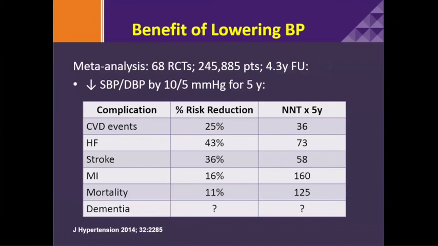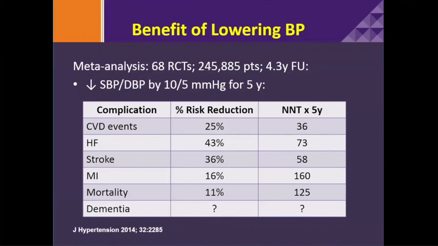Before we talk about this, I just want to share this slide. You don't have to remember this, but this is the evidence why we should treat older people or any people with these diseases. This is a meta-analysis of 68 trials. By reducing systolic blood pressure by 10 millimeters of mercury, we are reducing the risk of cardiovascular disease by 25%.